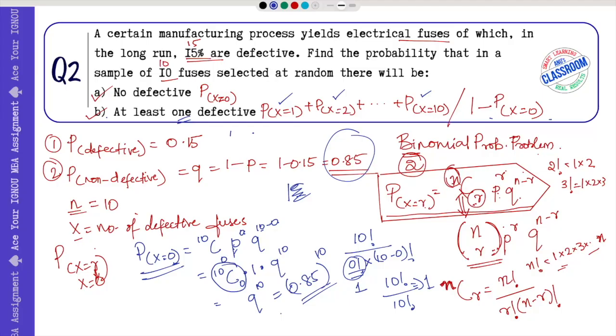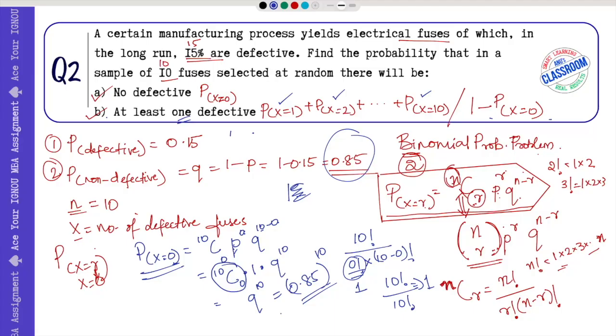So it is very important to know how such problems can be calculated as a manager. If such a form of question appears in your term examination, always remember to first state your binomial formula clearly. Then identify your P, Q, N and R from the question. Calculate P of X equal to R using the formula of binomial distribution.